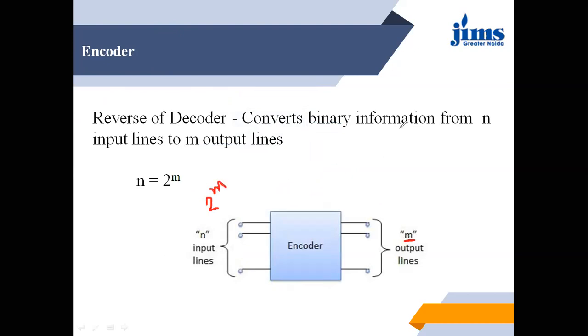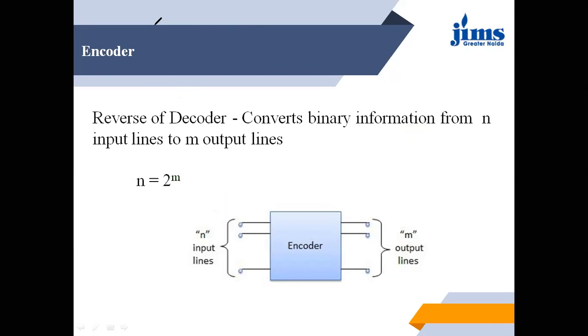In the decoder we discussed that if there are n input lines, then the output lines are 2 raised to the power n. So this is the reverse of the decoder, in which the number of output lines is less than the number of input lines.